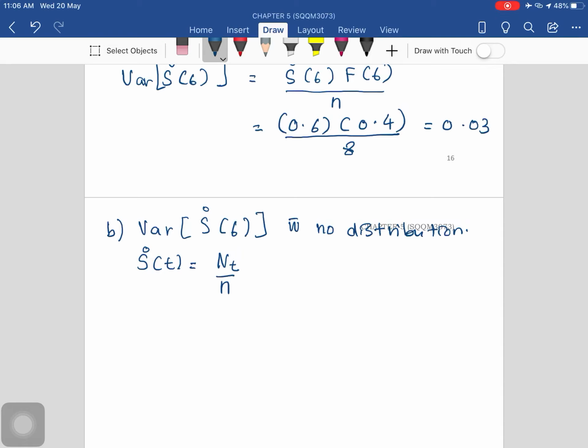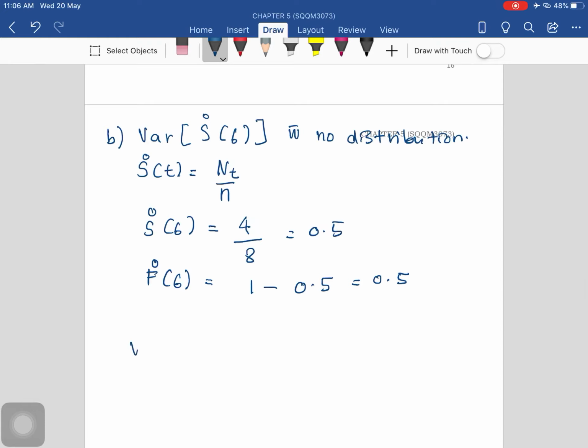So 8 minus 4 is 4. The number of survivors at time 6 is 4, and n, the sample size, is 8. So we get 0.5. F_hat(6) is 1 minus 0.5, which equals 0.5 as well. So the variance is equal to 0.5 times 0.5 over n, which is 8.